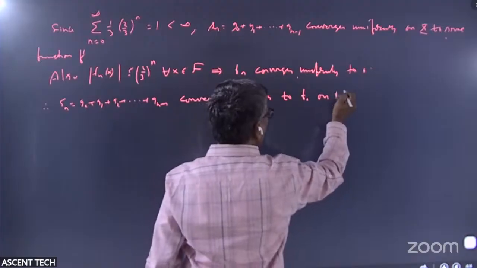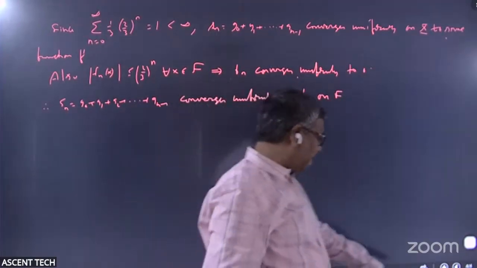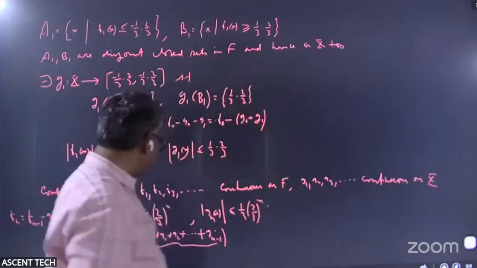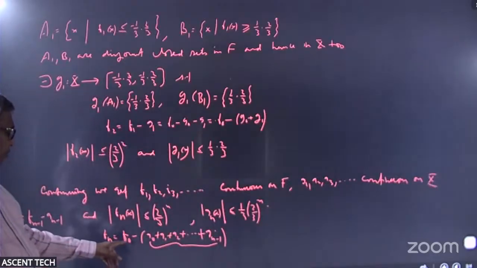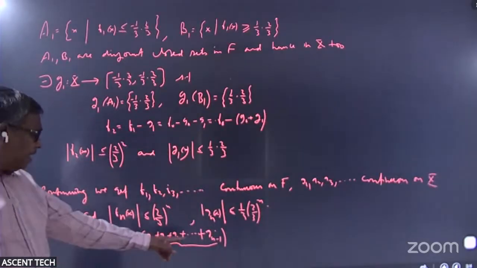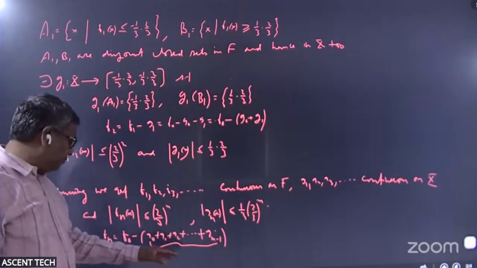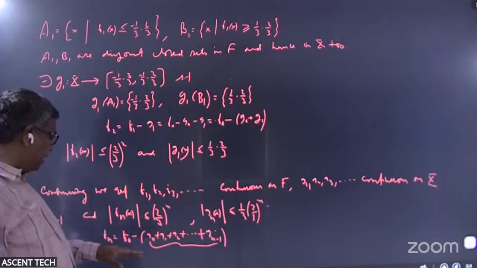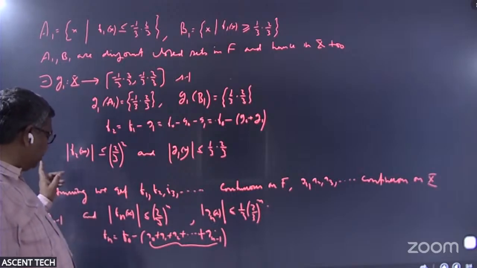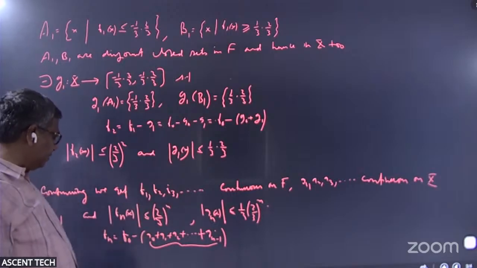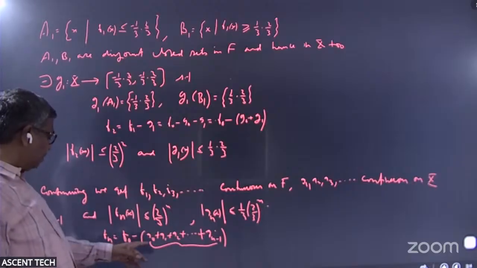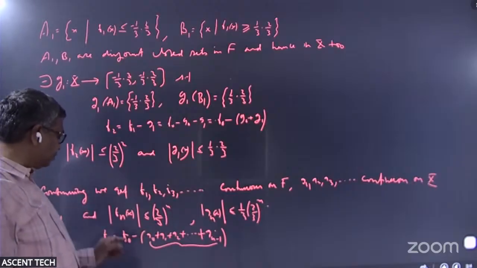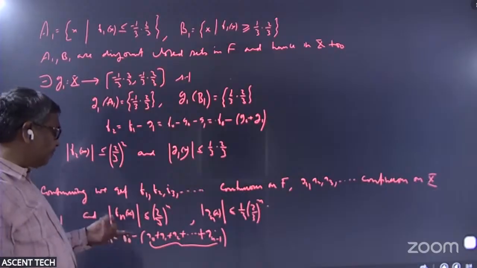On F, see, there are two things going on. These are only on capital F, they are on capital X, so they can be viewed as functions on capital F also. Because this is going to 0 and this is going to F dash, so F dash equals F0.